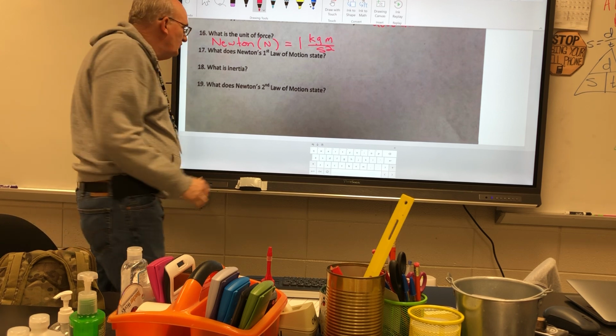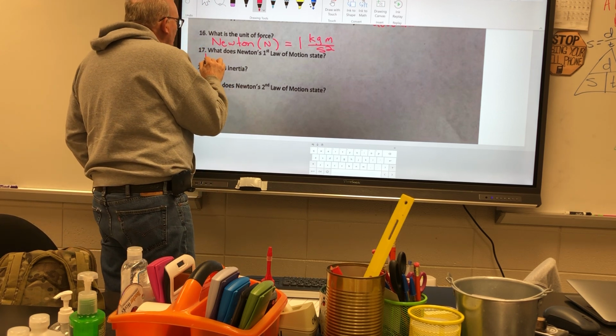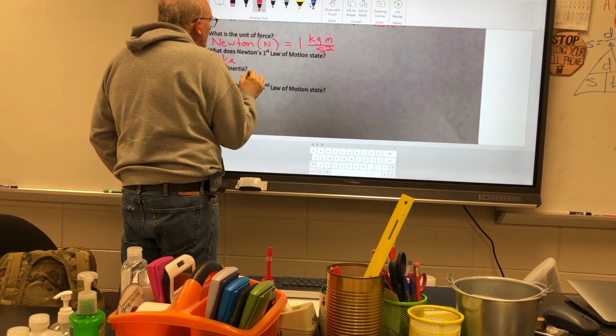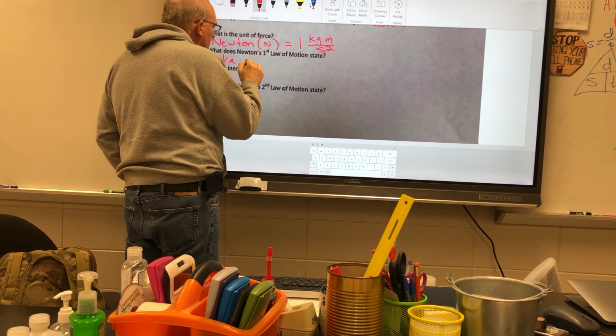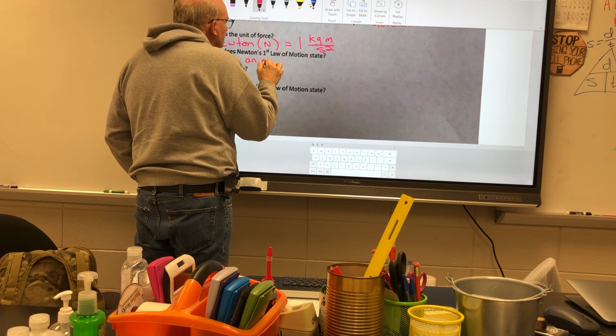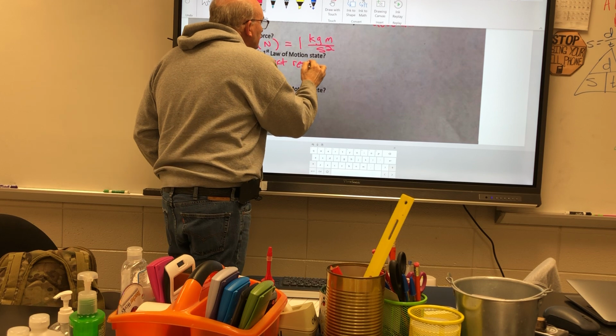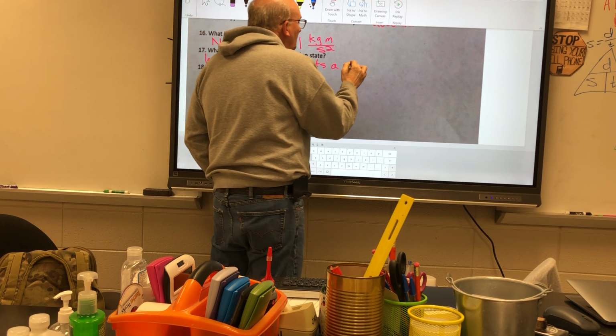Newton's first law of motion is the law of inertia, which means that an object resists a change in motion.